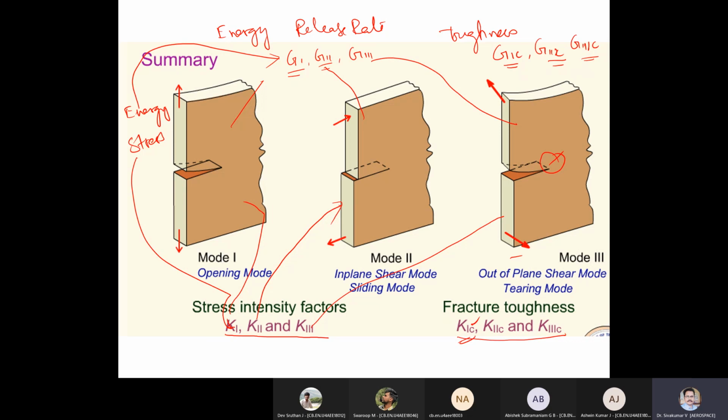Now, when will the fracture really occur? In all of fracture mechanics, we are considering one initial discontinuity. Always there will be an initial flaw or initial discontinuity.